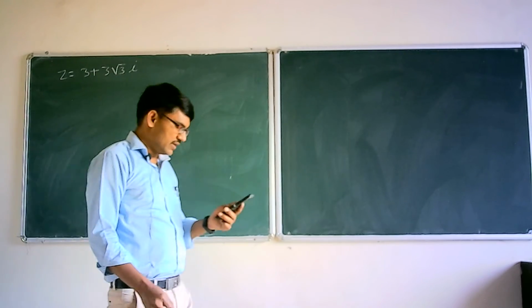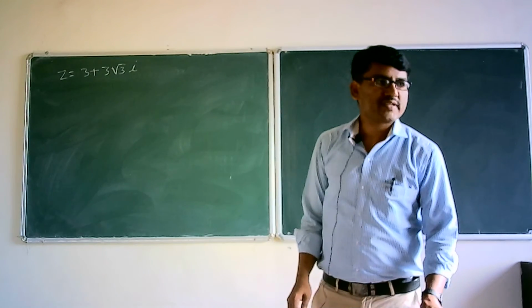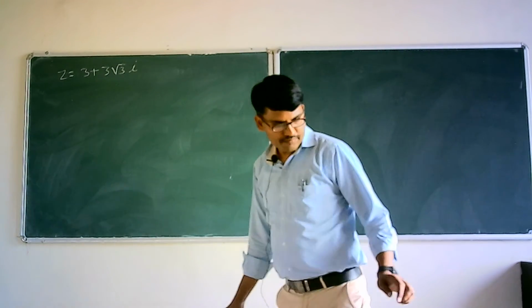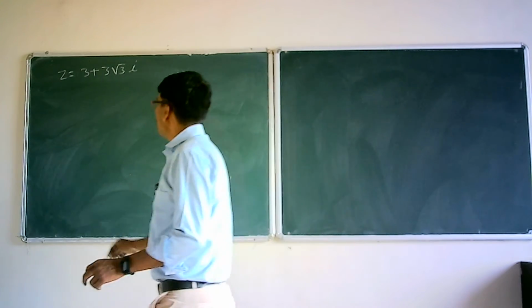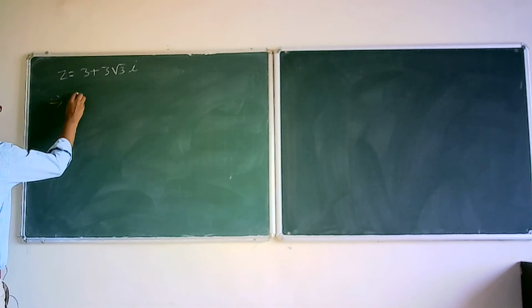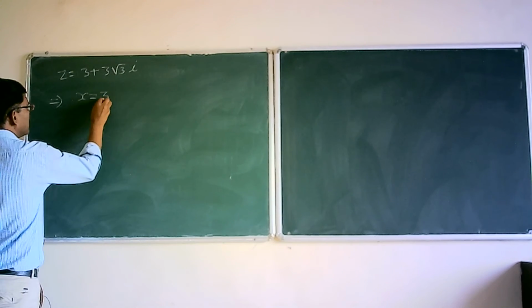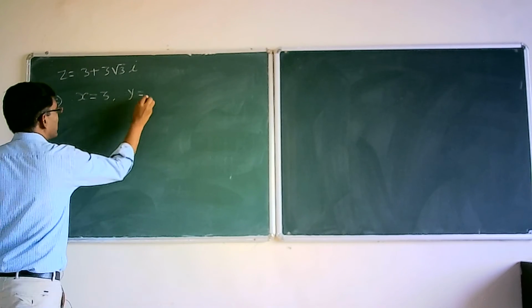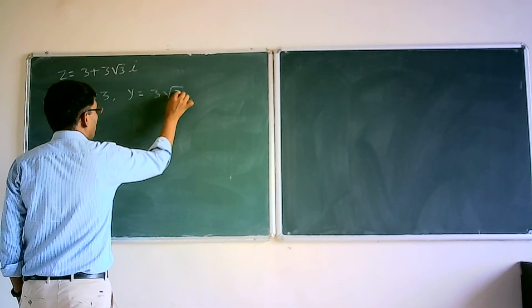Find the modulus and argument of this complex number. So here, what is the modulus of z? What is the real part of z? Real part of z is 3 and imaginary part of z is equal to 3√3.